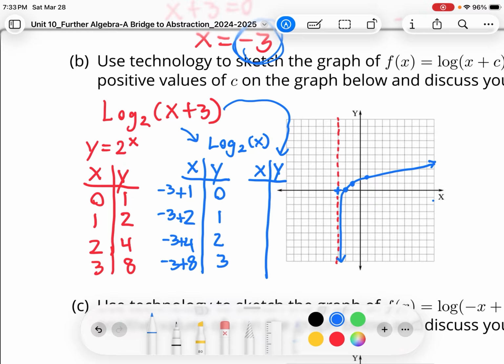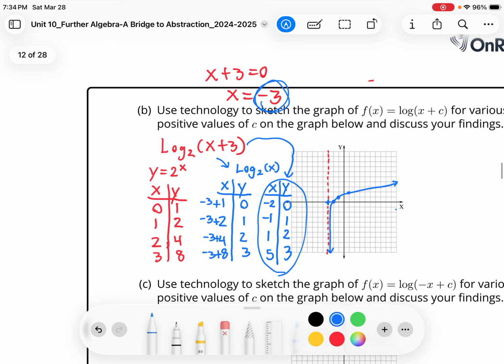That would actually look like a -2. Let's see, this would be a -1, this would be a +1, and this would be a 5. The y values would not change though. And then notice that what ends up happening is that these points right here are exactly what I graph without having to do any trickery. So by pretending something is the fake origin, that table is the true table that goes with log base 2 of x plus 3. All right, moving on.